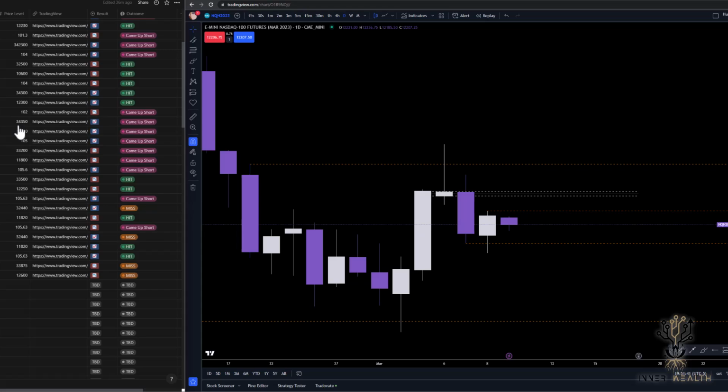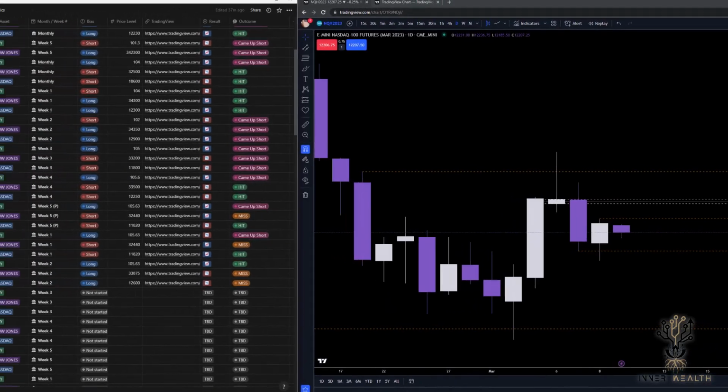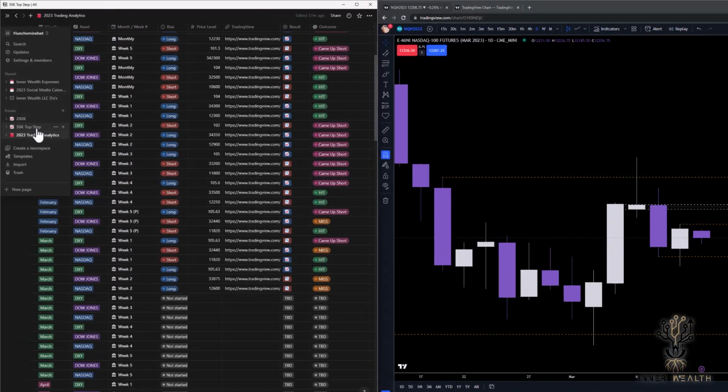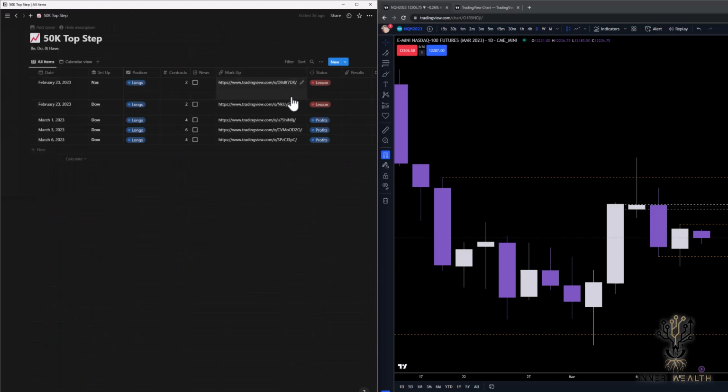Now I'm going to show you guys how I journal a trade. I am doing a TopStep 50k, and I'll show you how that's going. The way this is filled out is by date, NAS or DAO depending on the setup, what asset it was on, whether I went long or short, and how many contracts. So today, let's go through it.